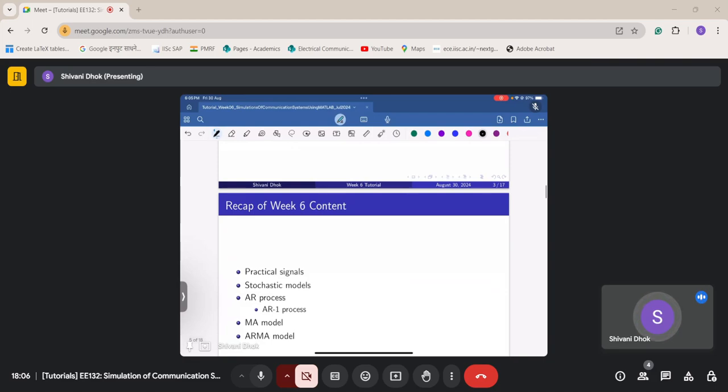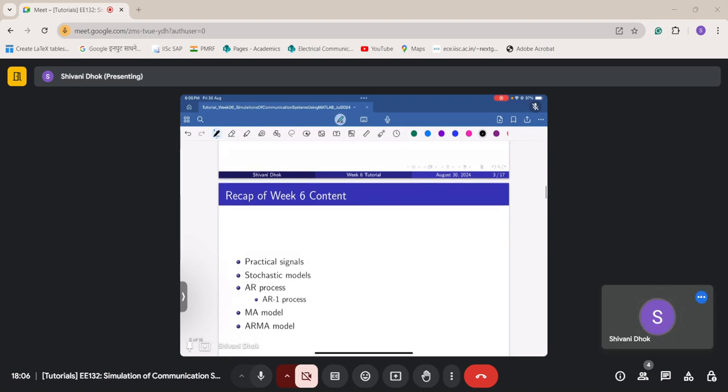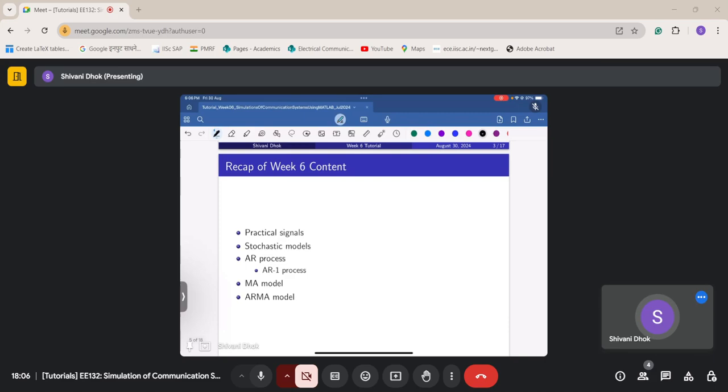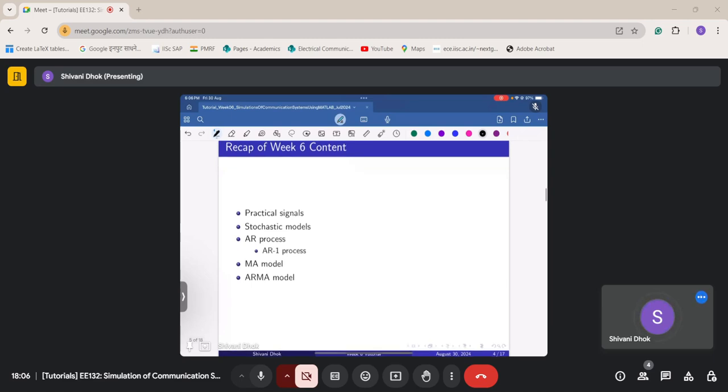So this week was also completely focusing on random processes. But before going ahead, we looked at the need of having stochastic models and other things. So we started with what is known as practical signals.